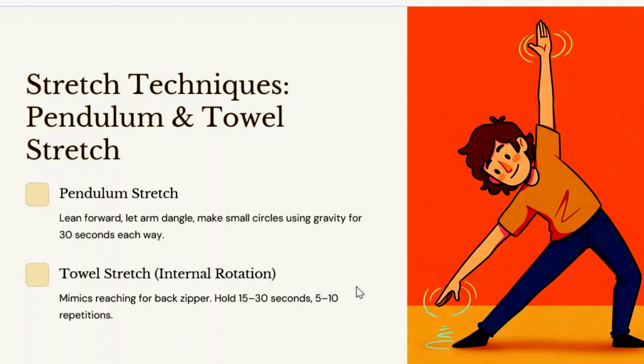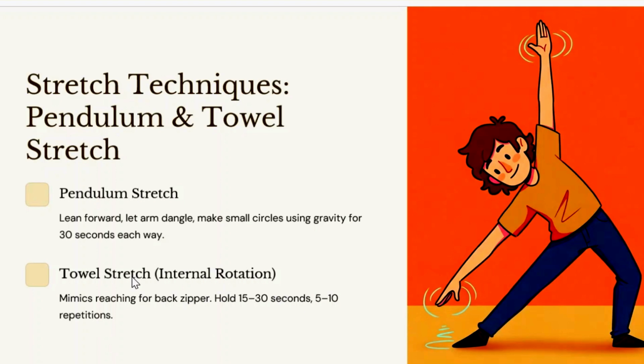Towel stretch for the internal rotation is very important. If the patient wants to comb their hair, or if you want to close the zip of your backpack, you can move the arm out from the back, or you can take the towel in both hands, with both hands on the back side of you.